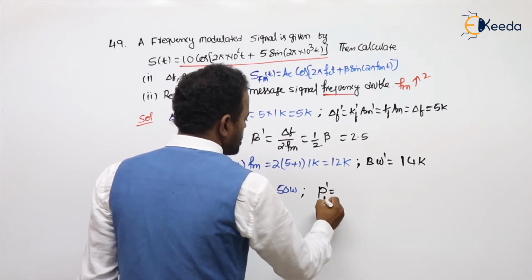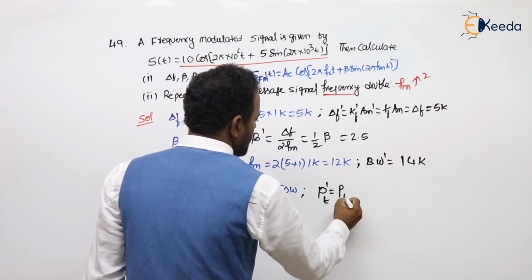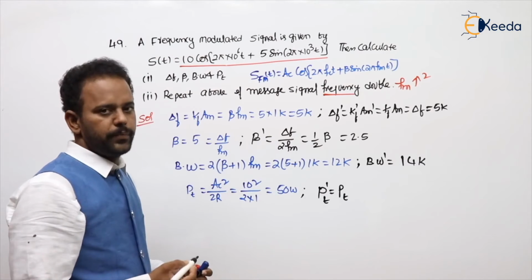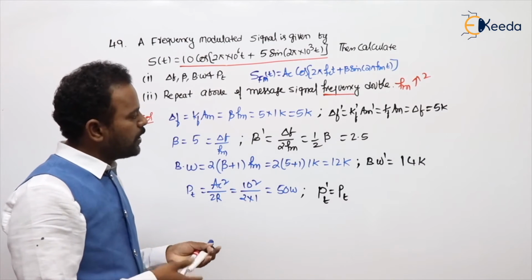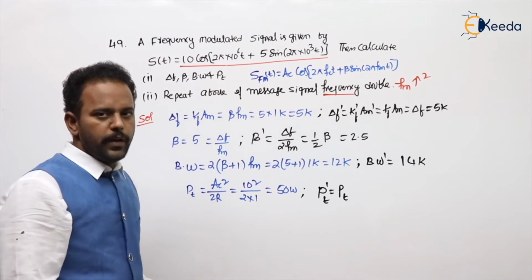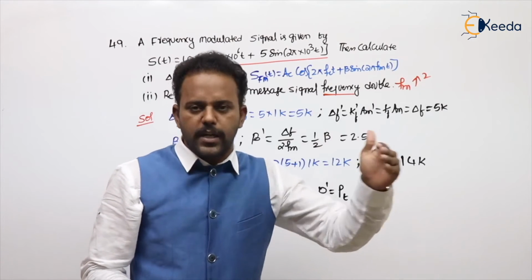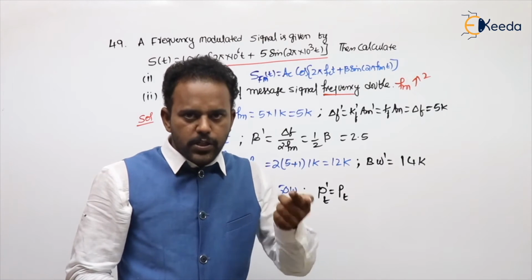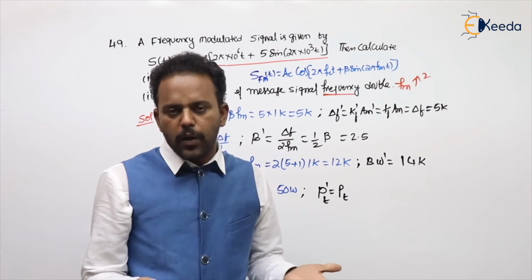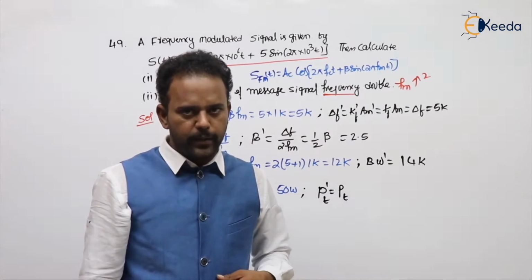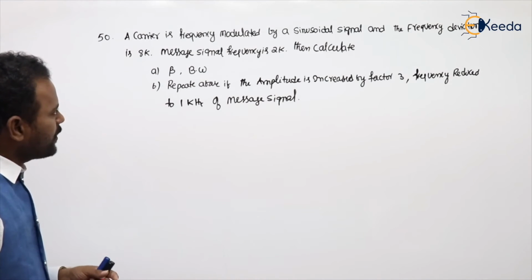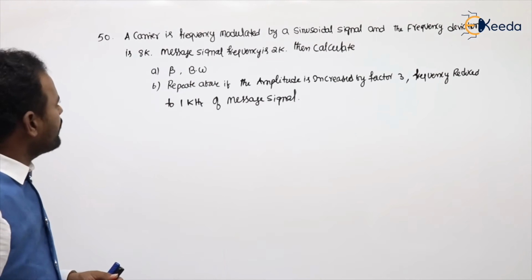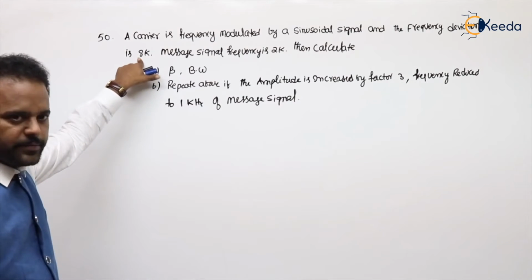PT dash, obviously it will be same as the previous value because there is no relation with the FM. So final conclusions, what we need to learn from this problem? If message signal frequency is double, no change in delta F, modulation index is reduced to half, no change in the power requirement.